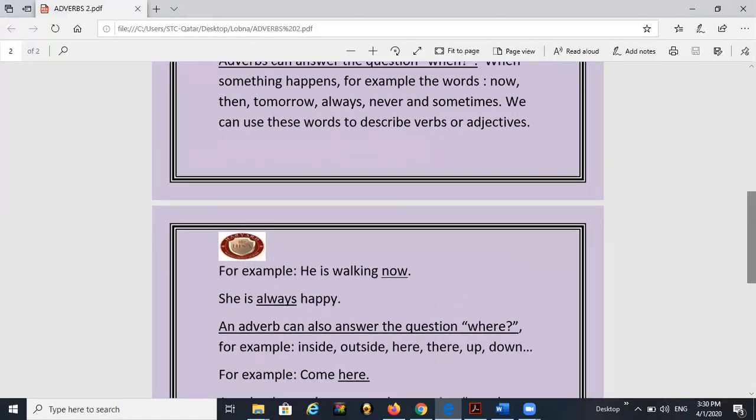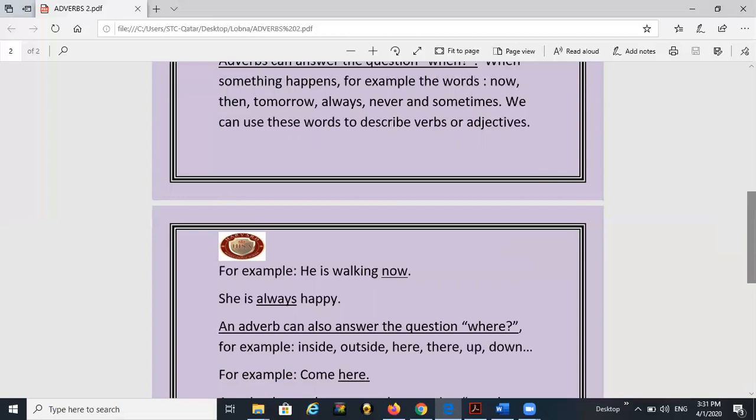For example, he is walking now. So the word now is an adverb. When he is walking, it's now. Okay? She is always happy. When is she happy? She's always happy. So the word always is an adverb.